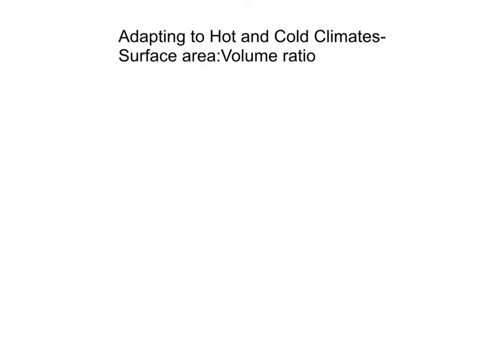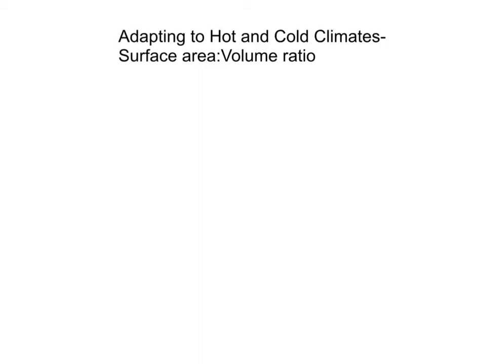Hello everyone, in this video, which is part 2 of looking at adaptations to hot and cold climates, what I'm going to talk about is something called surface area to volume ratio. That's really important because, let's take a cold climate for example.